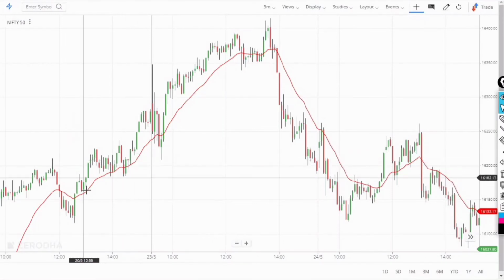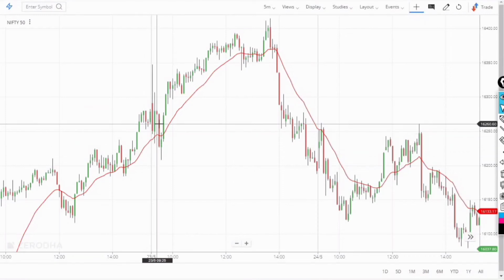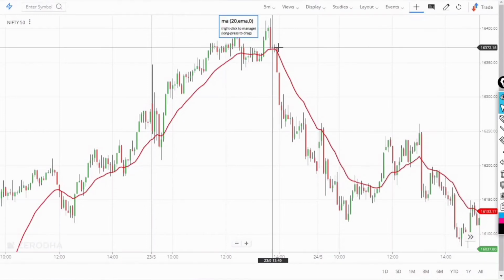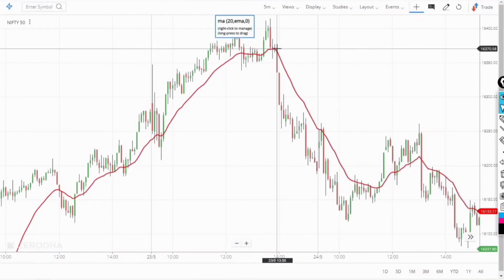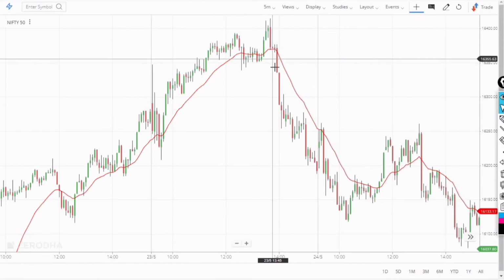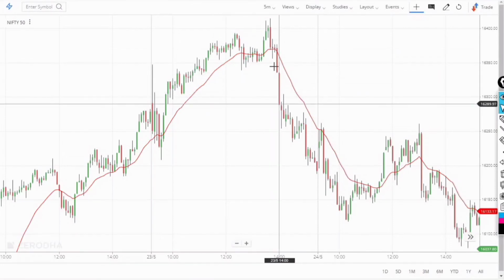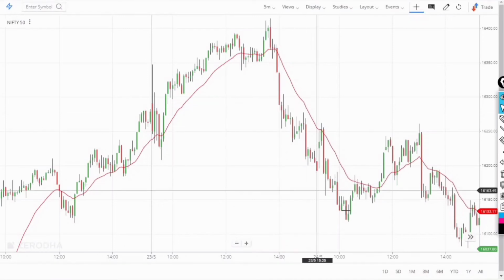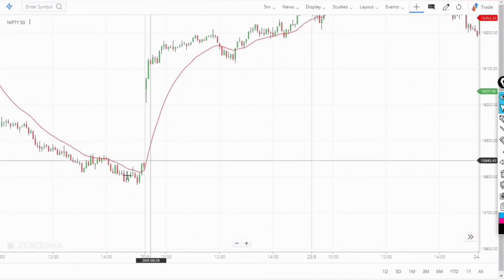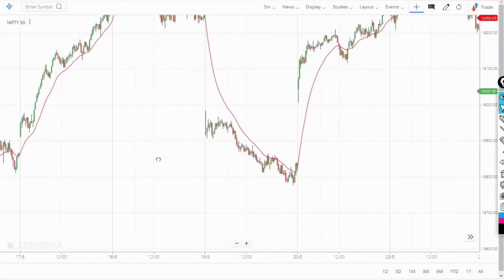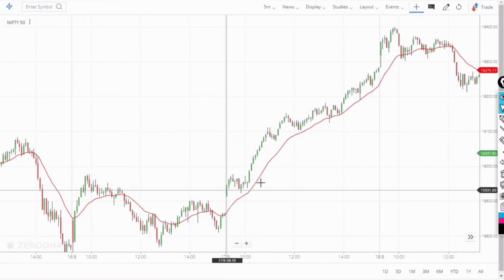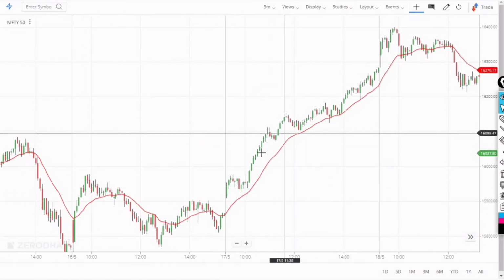So here the 20-day moving average acts as support, and here if you are able to see, price has come down or price has broken that support of the 20-day moving average, and the next candle has closed below the previous candle. So here you can say that a downtrend has started and you can take entry over here. You can just look at the previous data, and you will be able to see that the 20-day moving average also acts as support.